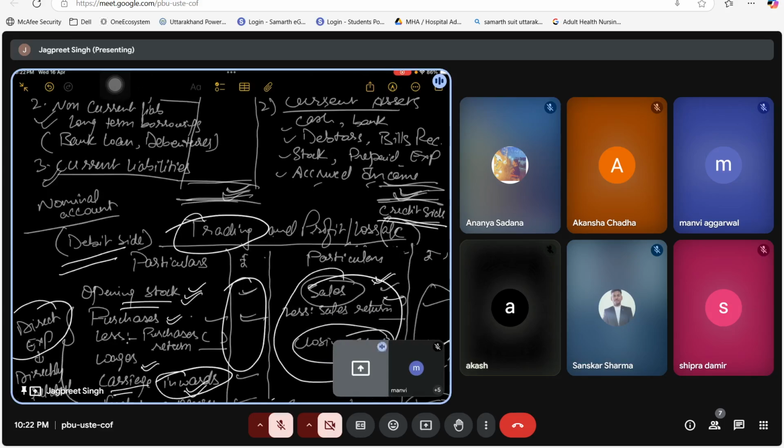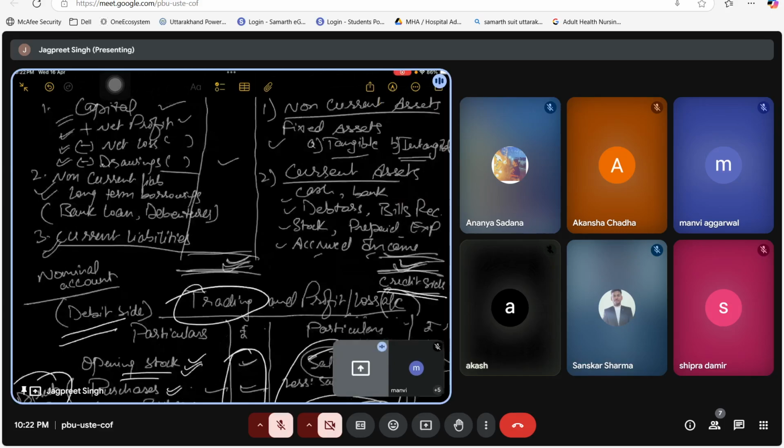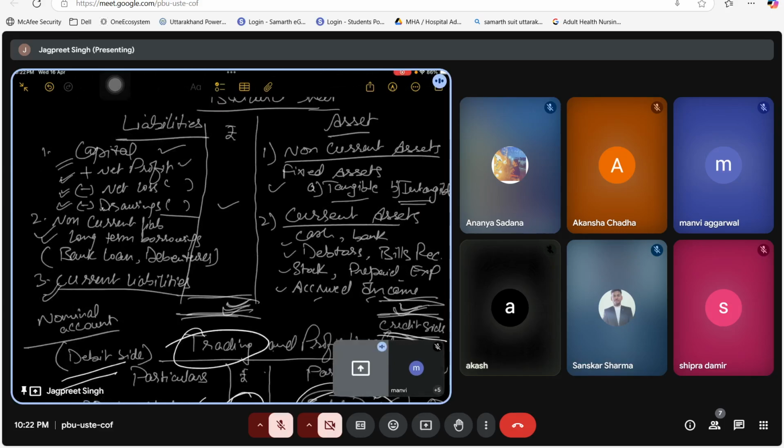So financial statements is just like a summary of a whole story. Some of you must be aware about the statistics and the graphs, which you must have read in class 9th, 10th statistics, right?